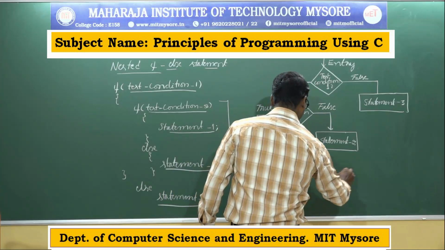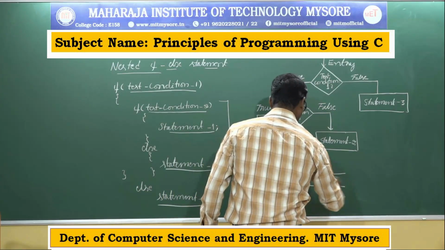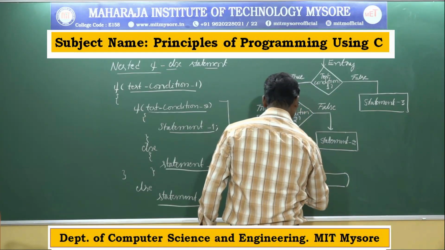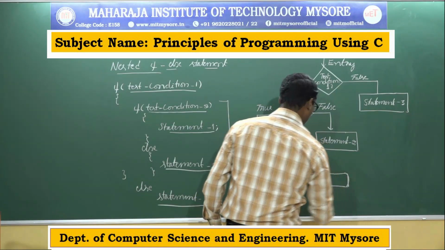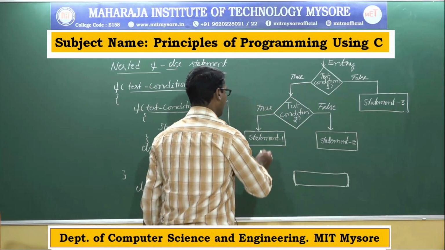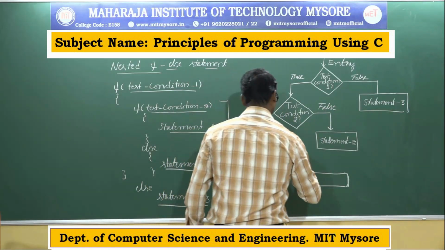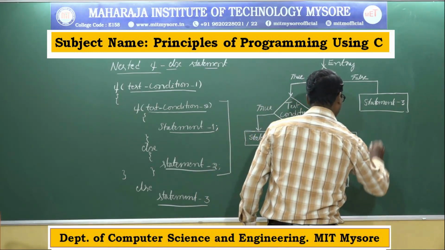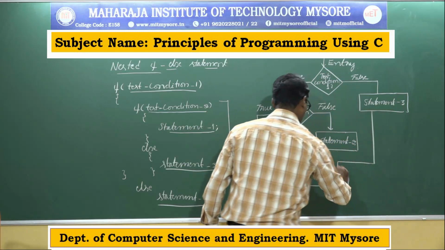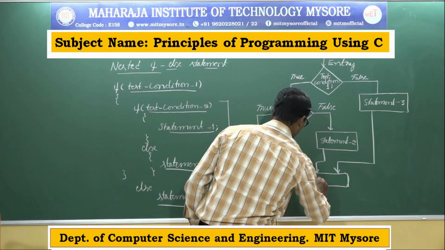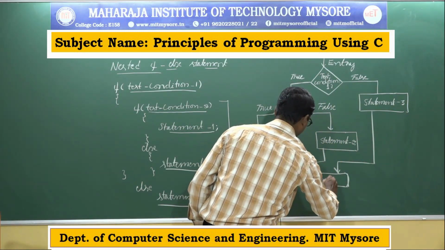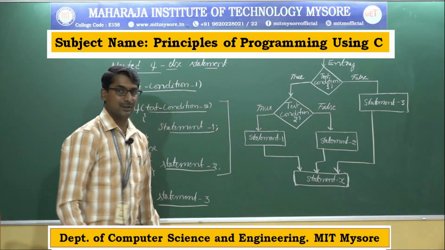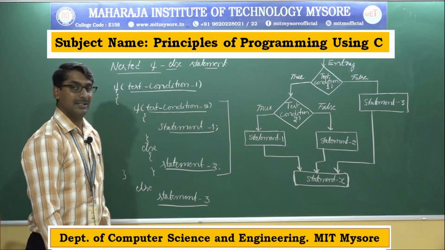So, after executing any one of the statements, it moves to statement X. Statement X. So, this is a flow diagram of nested if.